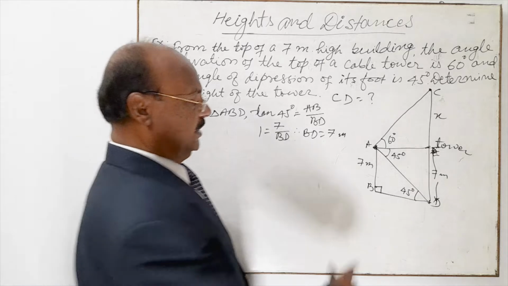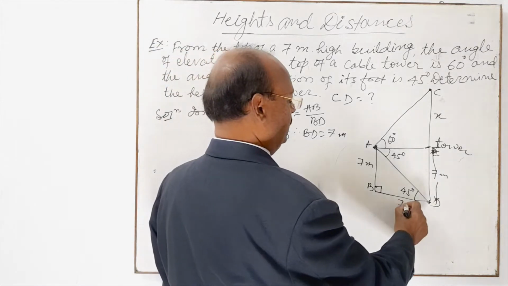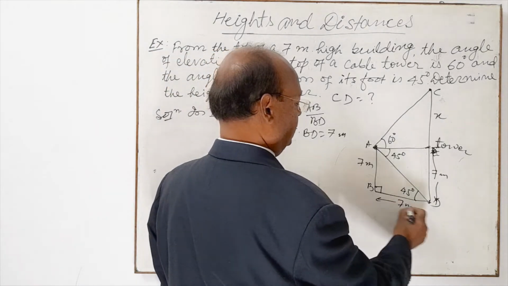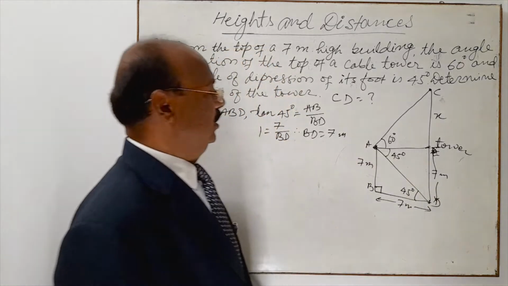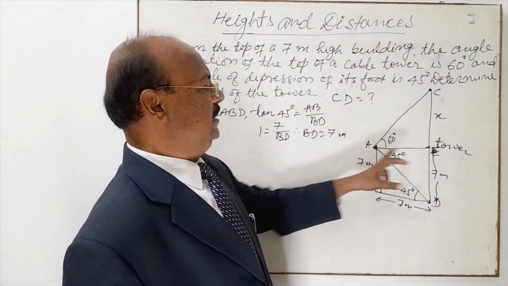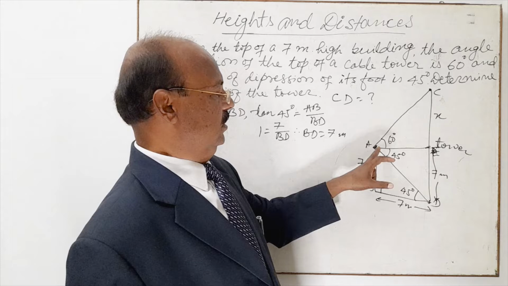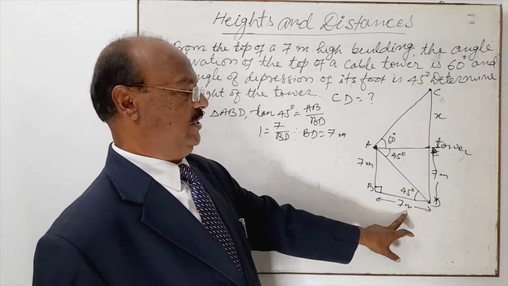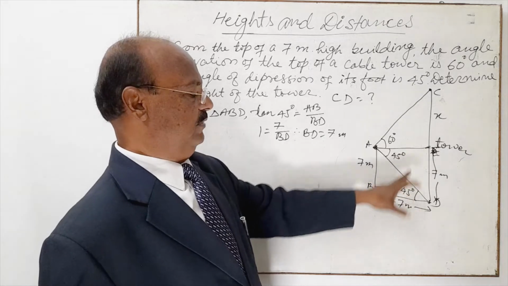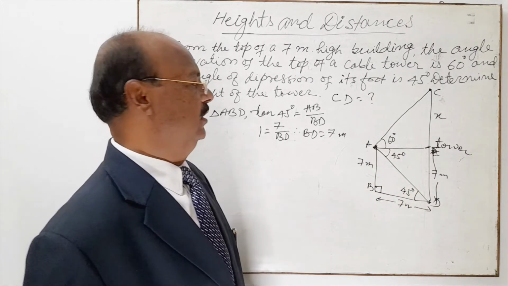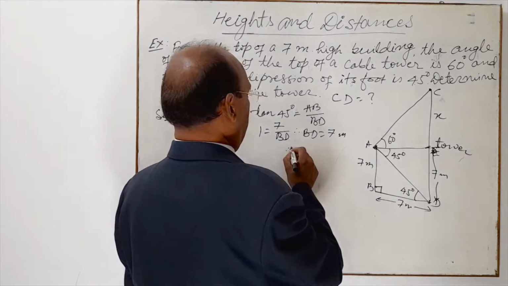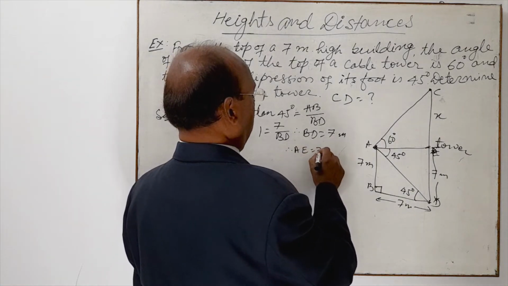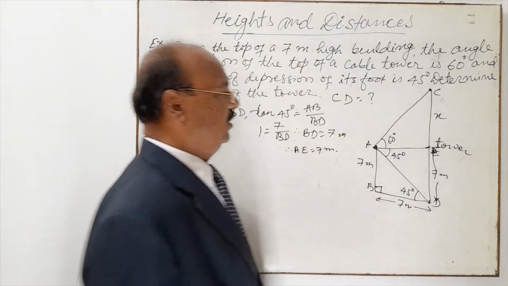So we are getting here BD is equal to 7 meter. Now in triangle CAE, AE will be how much? Equal to 7 meter. Opposite sides of a rectangle are equal. So therefore AE will be also 7 meter.